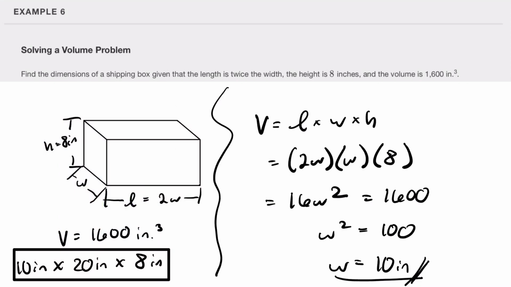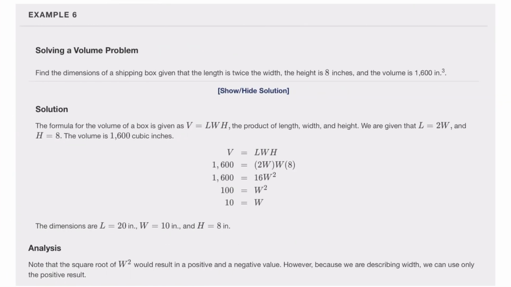Note that the square root will result in a positive and a negative value. However, because we are describing width, we can only take the positive result.